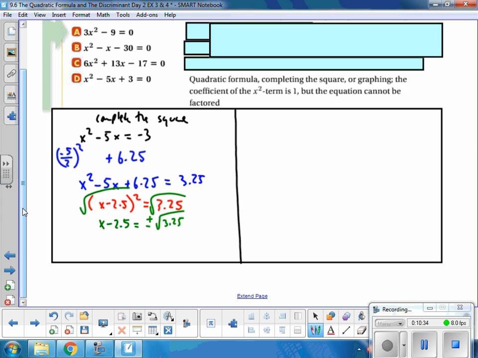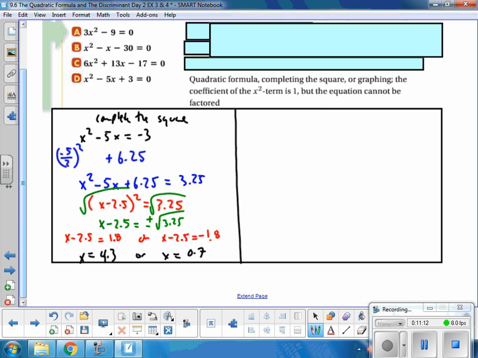So x minus 2.5 equals 1.8, or x minus 2.5 equals negative 1.8. And when I add 2.5 to both sides, I end up with x equaling 4.3, or x equaling 0.7. That's if I complete the square on this one.